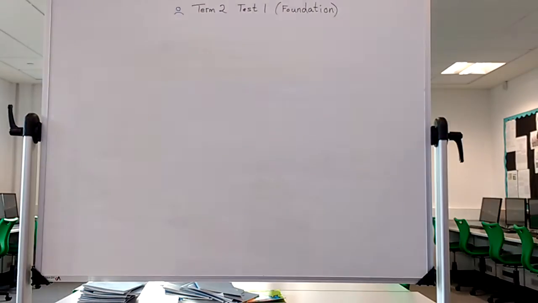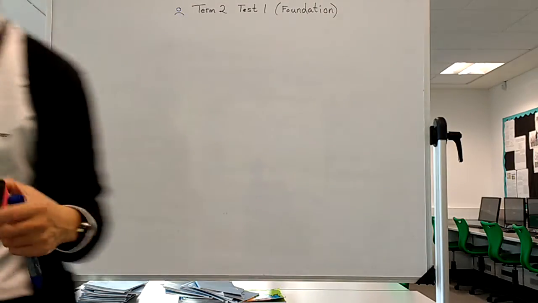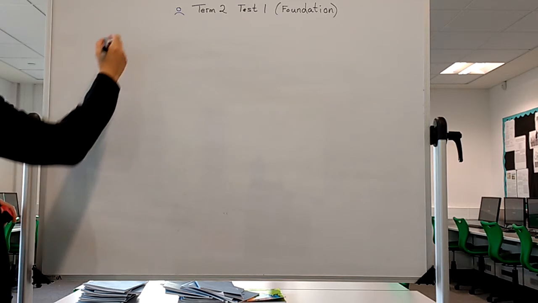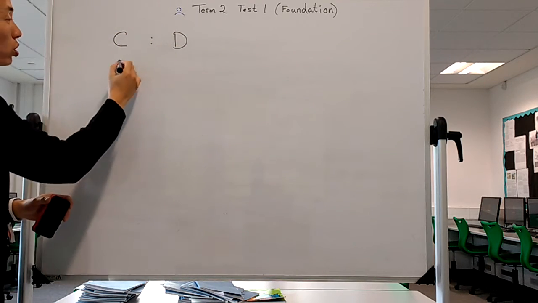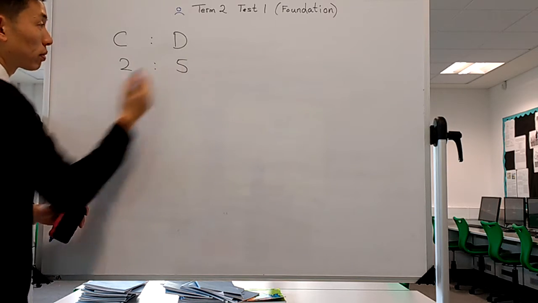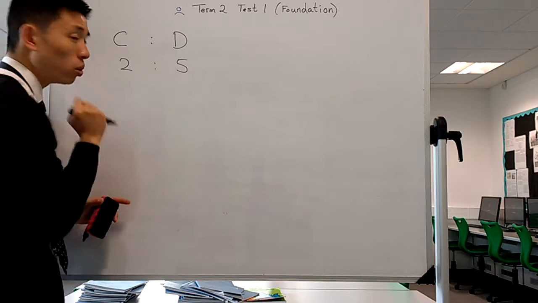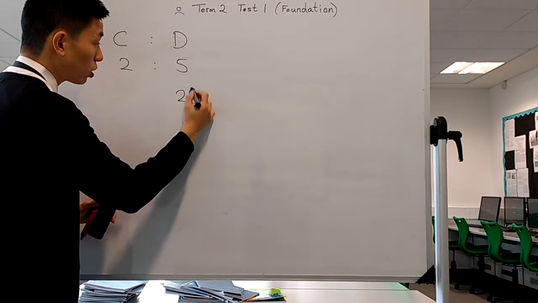Question 4 is a ratio problem. We're told that the ratio of cats to dogs is 2 to 5. But this time round, unlike term 1, we are told how many dogs there are, and there are 25 dogs.